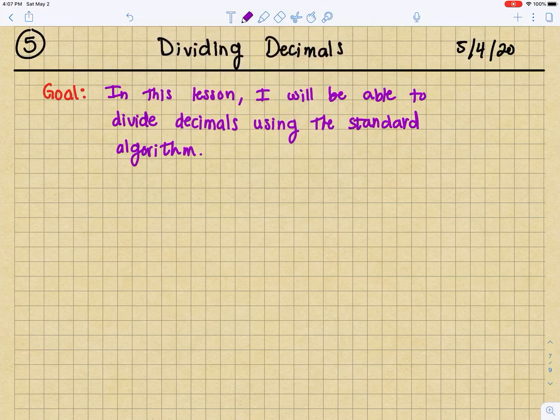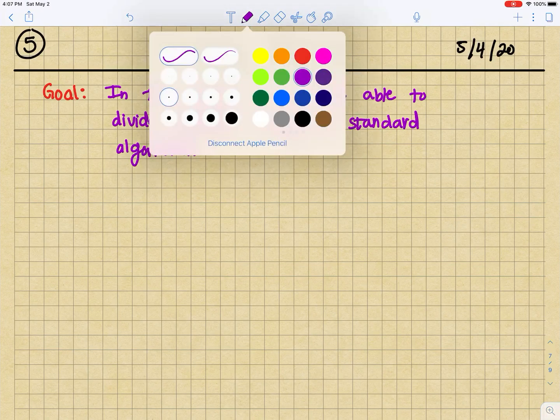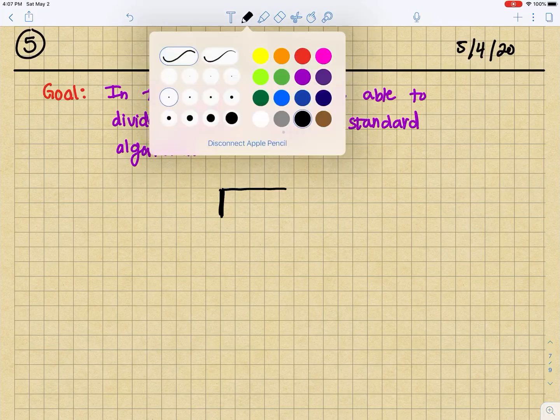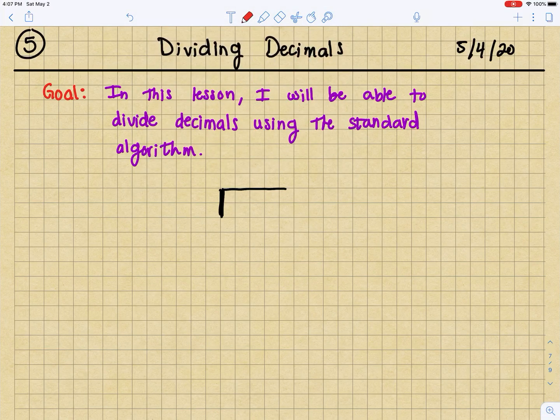When you're given a division problem, typically we write them like this when we're going to solve them. We have a number underneath, let's say it's 24, and we have a number outside.